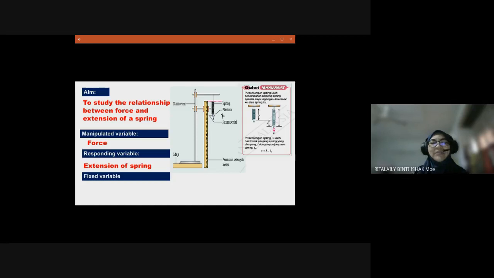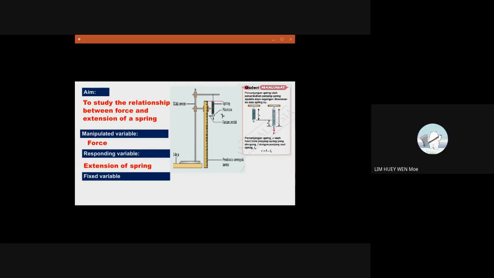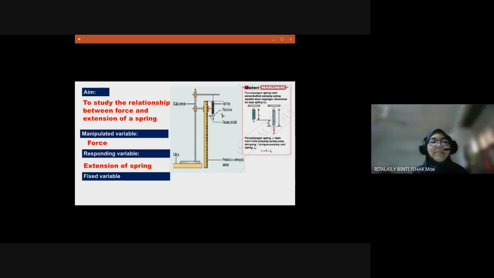Why can we not say mass of the plasticine? Because the mass of the plasticine is the manipulated variable. Yes, correct. Because we change the mass or the weight of the plasticine, it is the manipulated variable.